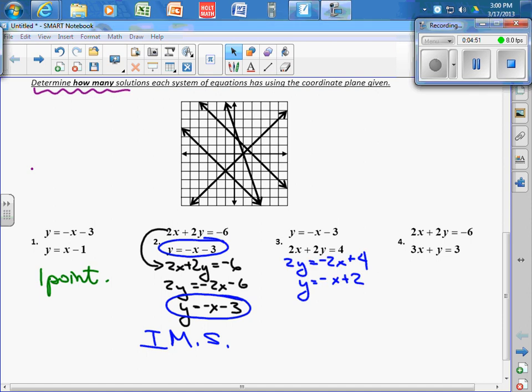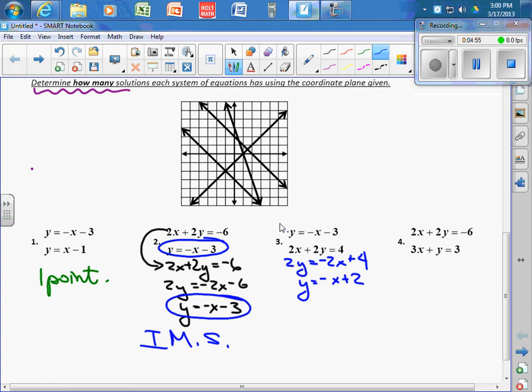In the next problem, we have y is equal to -x minus 3, that's this line again, and y is equal to negative x plus 2, that's this line. Where do they intersect? That's right, they don't. There are no points in common because they're parallel. And because of that, there's no solution.